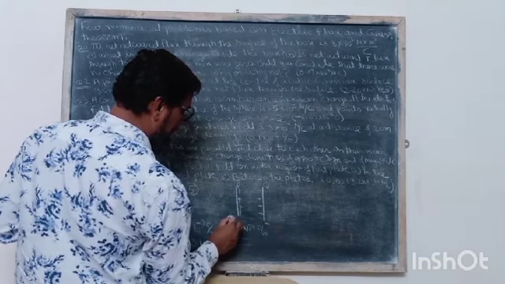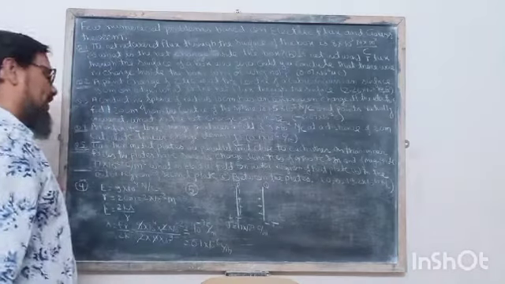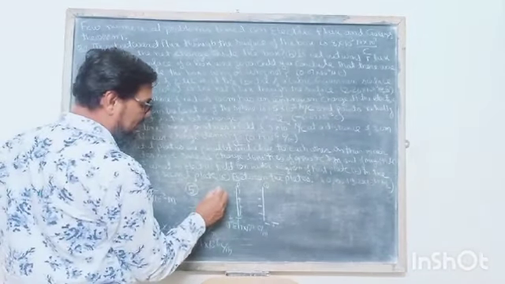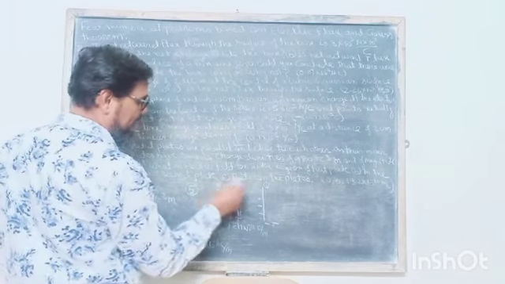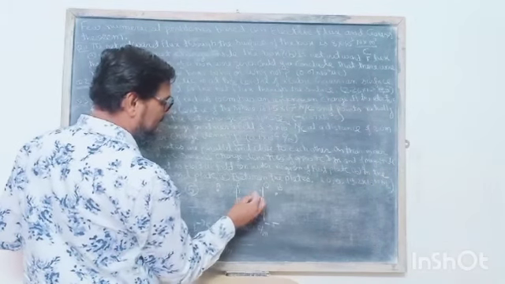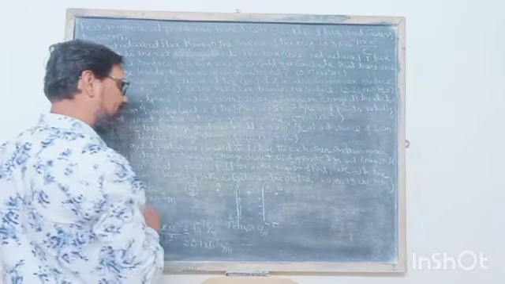Here is plus sigma and here is minus sigma. Then we have to calculate the electric field on the outer region of the first plate, A, the outer region of the second plate, B, and between the plates, C.